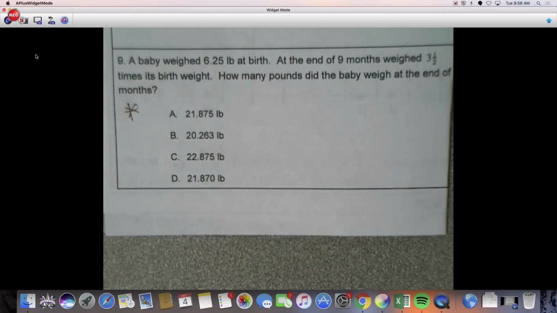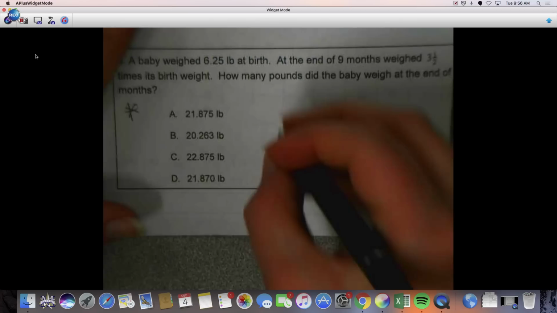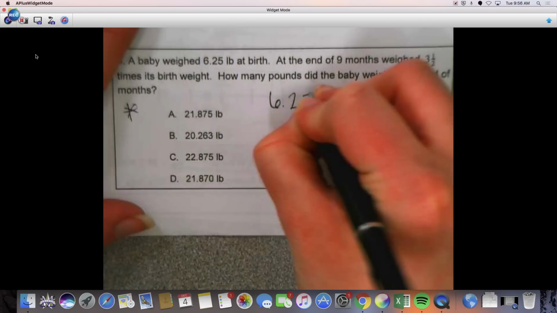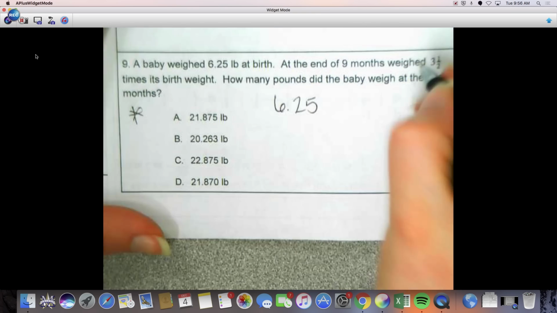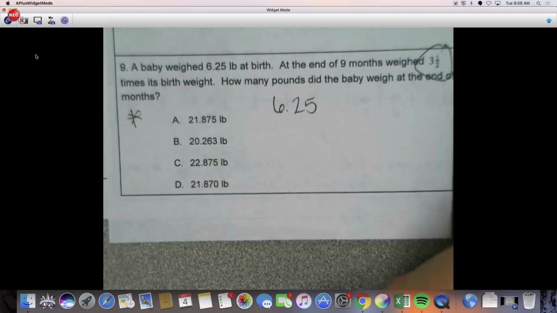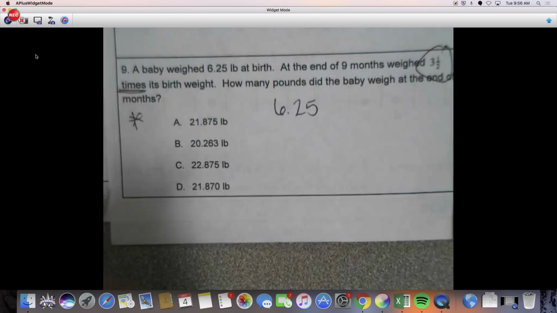Flip to number 9. A baby weighed 6.25 pounds at birth. At the end of 9 months, it weighed 3 1/2 times its birth weight. What does that tell you to do?